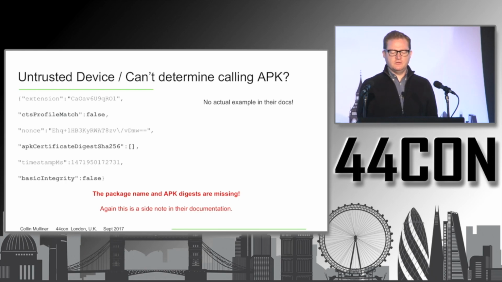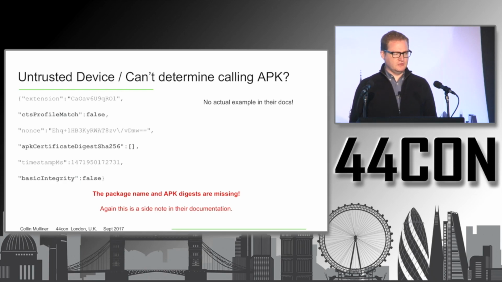So the documentation says we can't determine the calling APK. I'm pretty sure it's more like, hey, we can't trust this device at all, so we're not giving you anything about your app because this is super sketchy. And unfortunately that's only a tiny side note in their documentation.